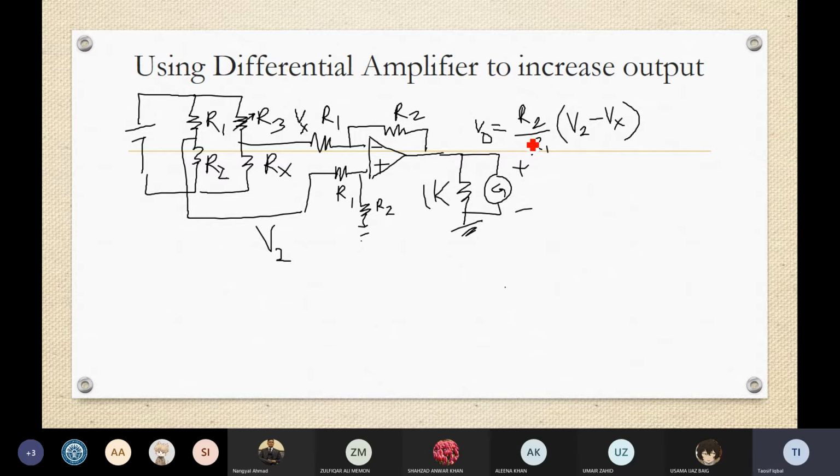And the voltage gain depends on the values of R1 and R2 and the difference V2 minus Vx. So even if the voltage difference is very small, that can be detected, and obviously the real null value can be achieved in the galvanometer.